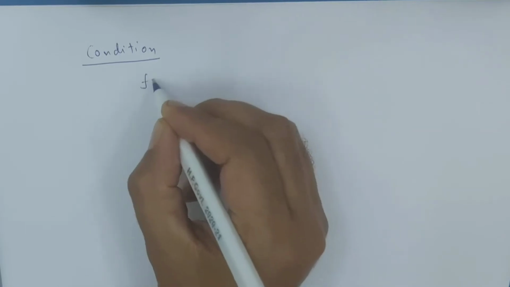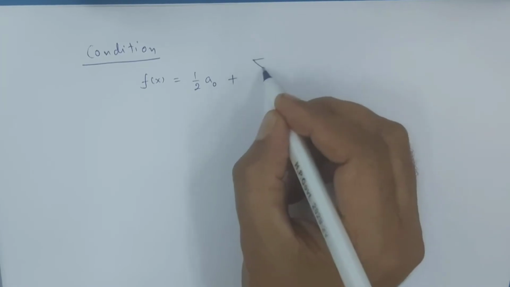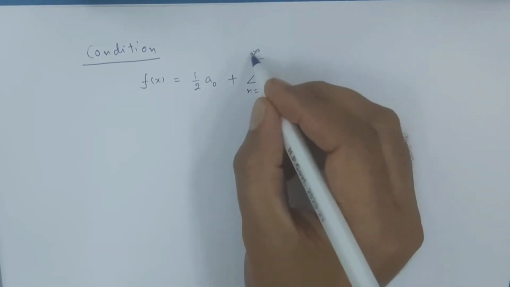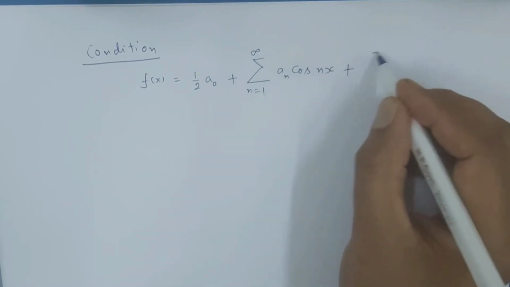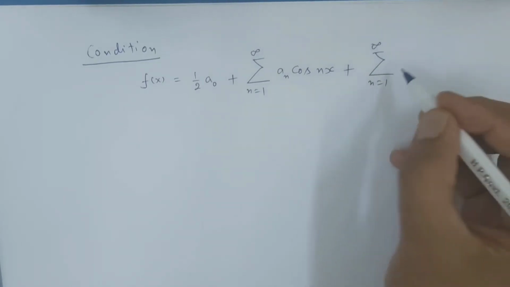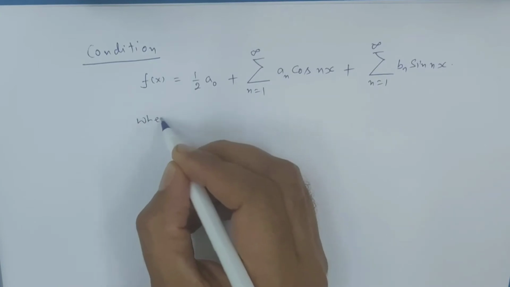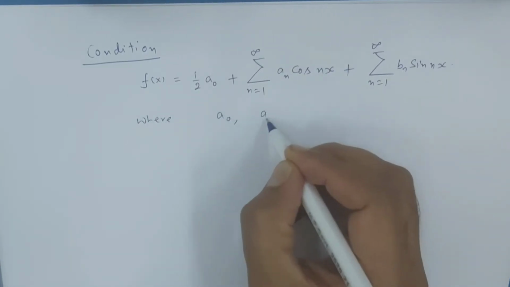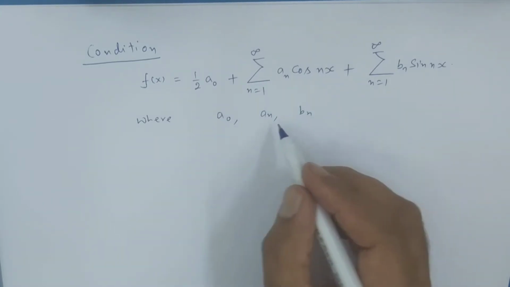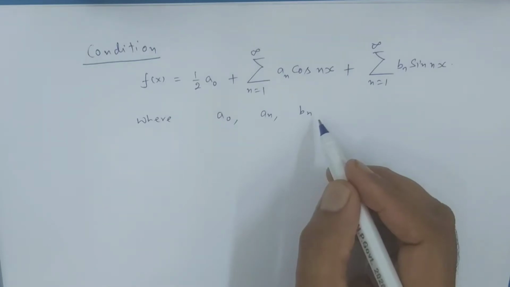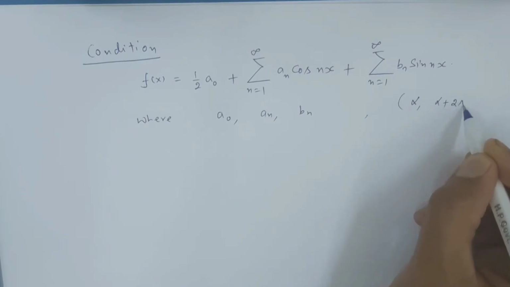We know f of x is equal to half of a naught plus sigma n equal to 1 to infinity a n cos nx plus sigma n equal to 1 to infinity b n sin nx, where a naught, a n, b n are constants, called Fourier coefficients or Euler's formulae, under the interval alpha to alpha plus 2 pi.